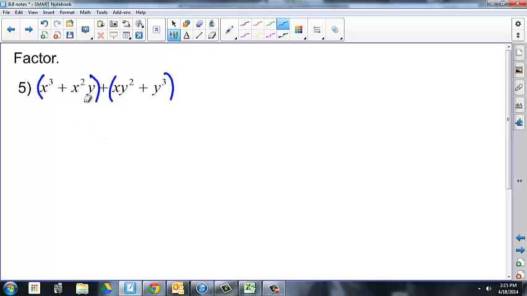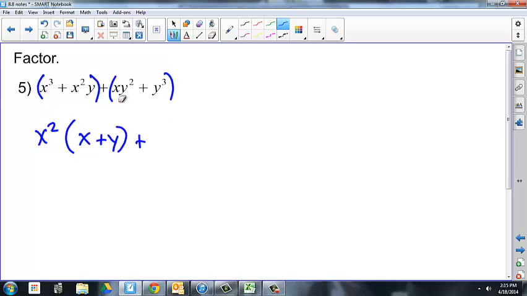First pair of terms, x cubed plus x squared y. We could take out an x squared. Now I know that feels a little funny because you have multiple variables, but all I have to look at is I don't have a y here, but I have 3 x's. Here I have 2 x's. So what I'm going to be left with is x plus y.